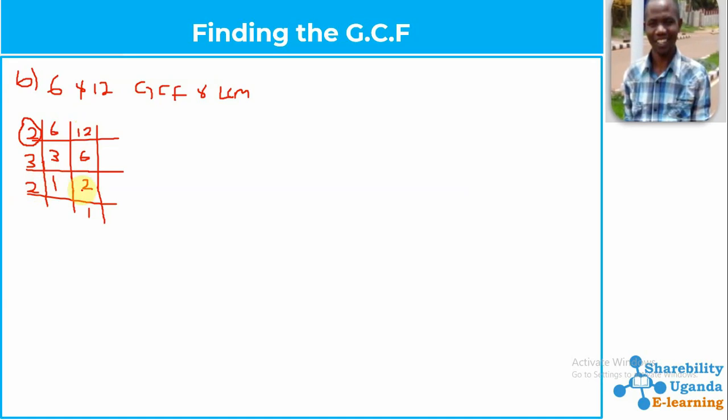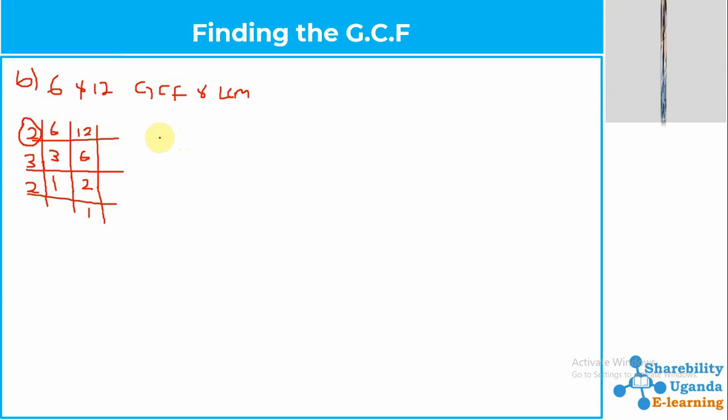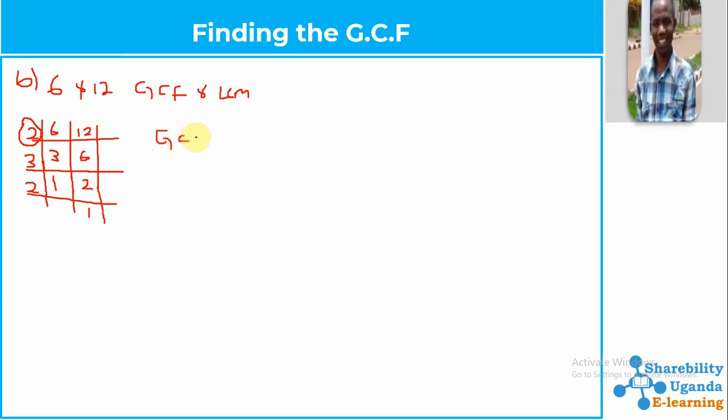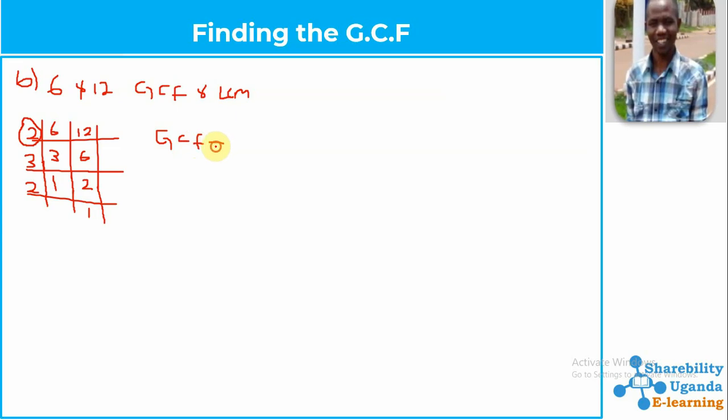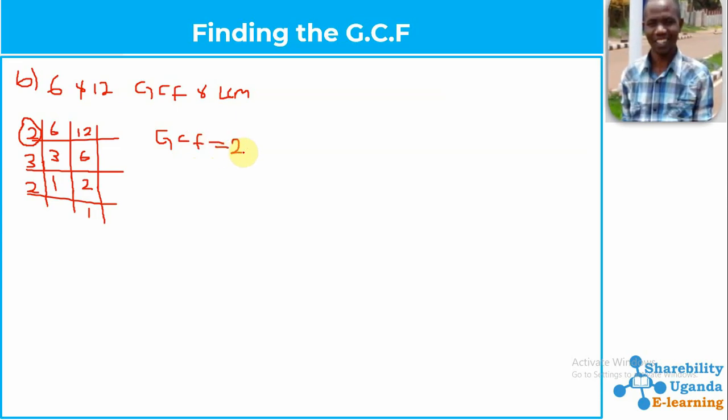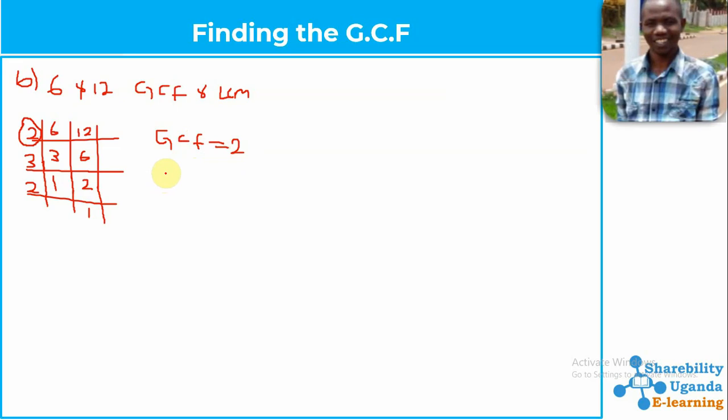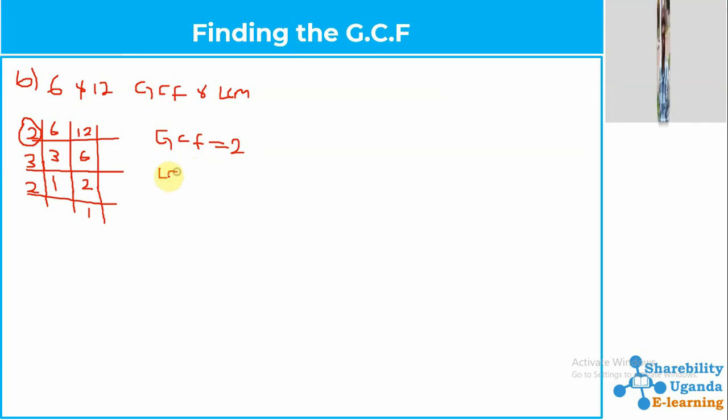So this simply means our greatest common factor is going to be equal to 2. Then we look at our LCM.